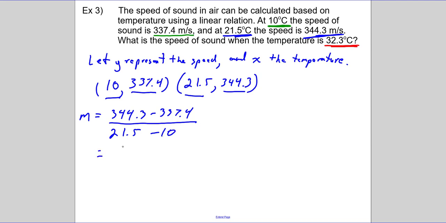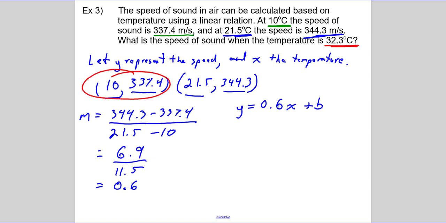So this is going to be 6.9 over 11.5, which gives us 0.6 for our slope. Once we have that, our equation, y equals 0.6x plus b. Now we need to find b. We can do that by plugging in either point. I'm going to go ahead and plug in point number 1 here.